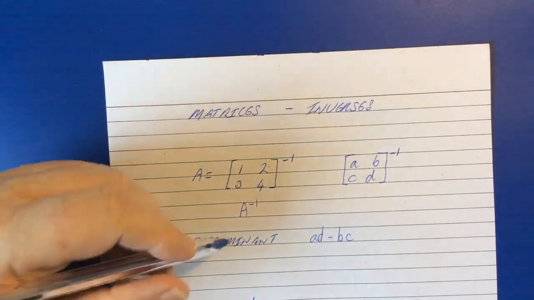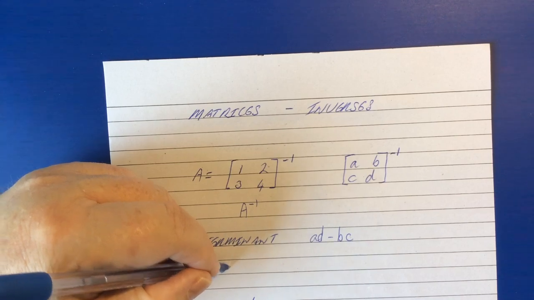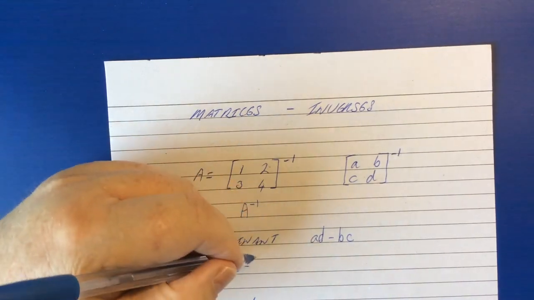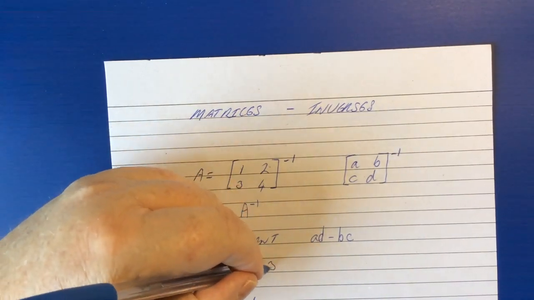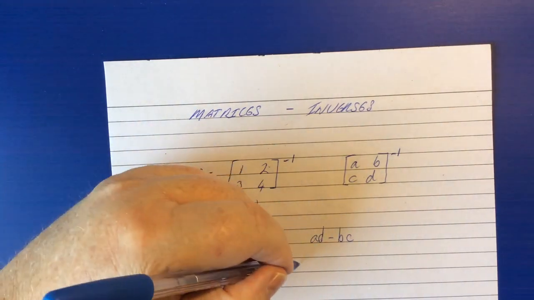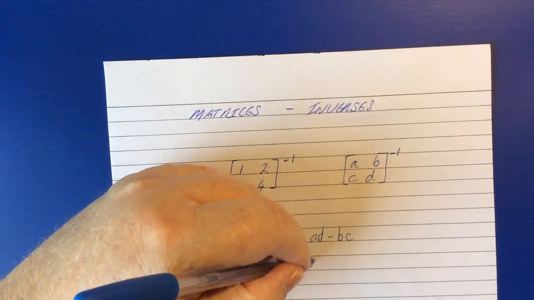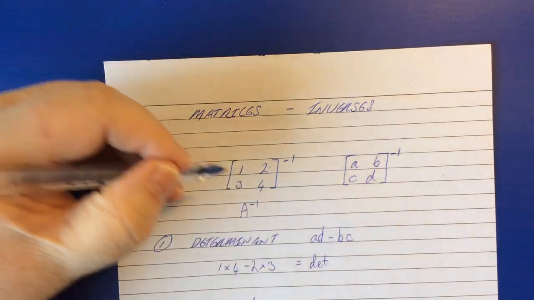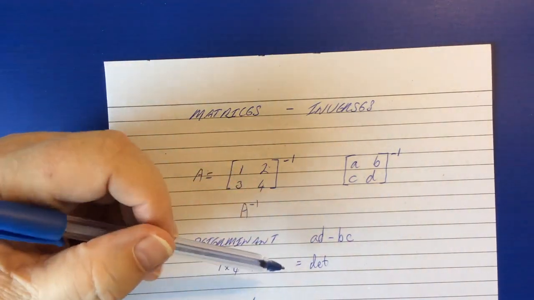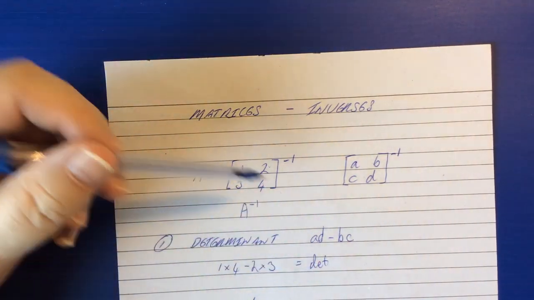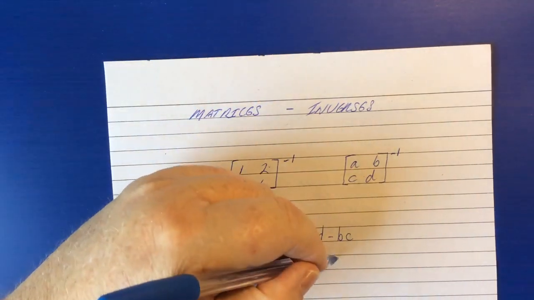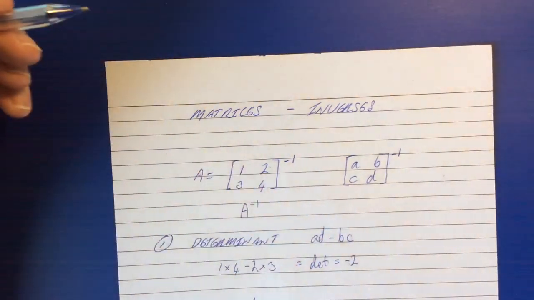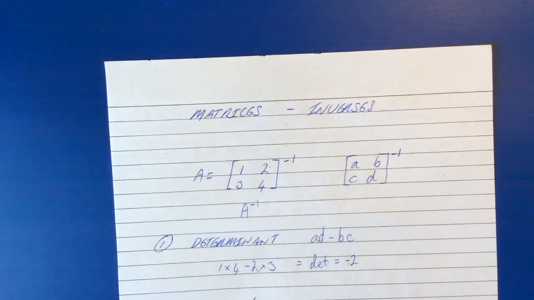So that is 1 times 4, so 1 times 4 minus 2 times 3. So the determinant of this, which is written as DET, and you'll see this on your calculators as well, that is -2. Okay, so first step.